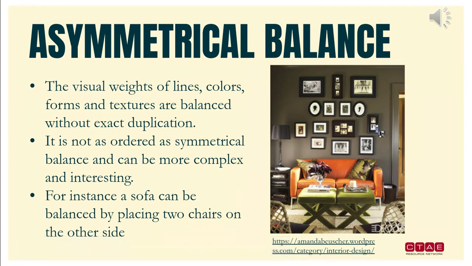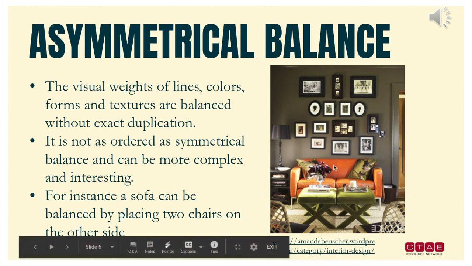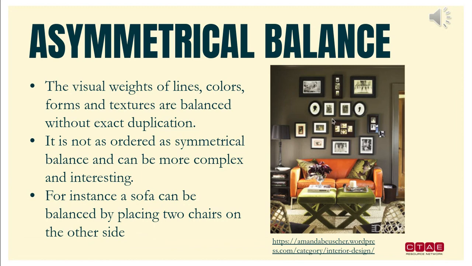Asymmetrical balance is the opposite of a mirror image. If you draw a line straight down the middle, you do not have exactly the same stuff on this side as you do on this side. Notice you have a lamp. No lamp over here. Notice you have purple flowers in a vase. But over here, there's a candle. This is sitting on a book.